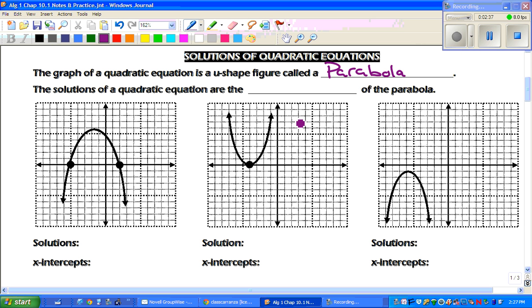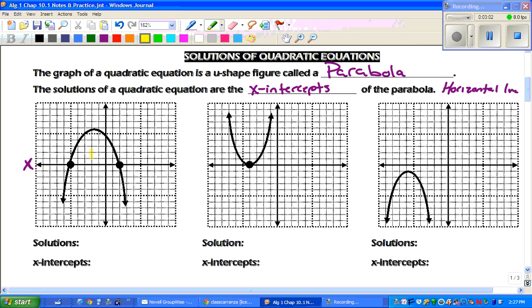The solutions of a quadratic equation are the x-intercepts. Now, remember, the x-intercepts are on the x-axis, and that's the horizontal line. So this is the x.